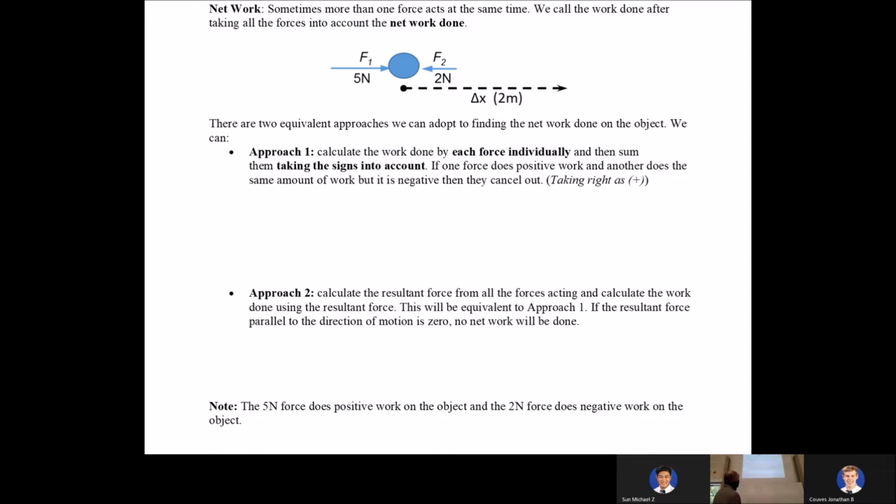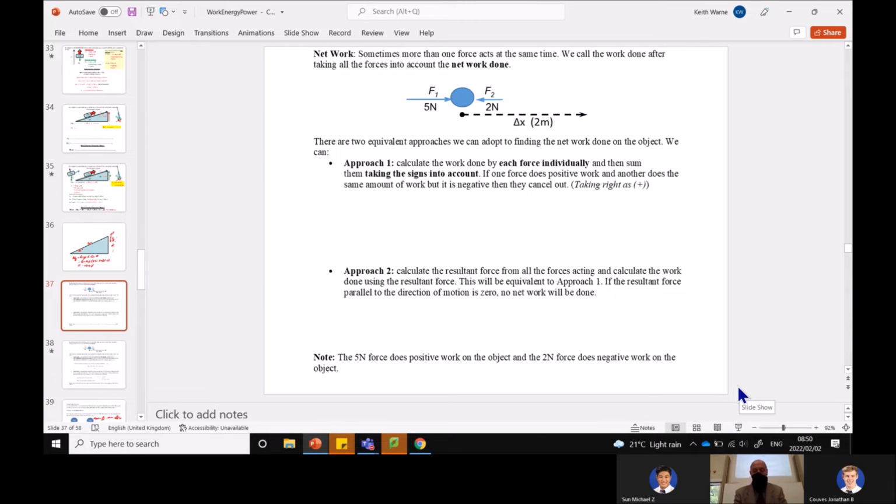The first way, you do it by working out the work done by each force individually, and then you add all the works together. The second way is by working out the resultant force and then working out the work. Try it. It's like a 5 or 10 minute exercise.